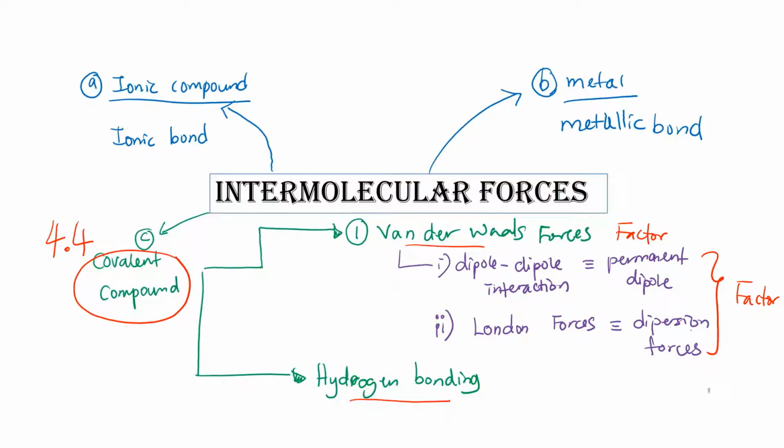If it is stronger, why? What is the impact toward the boiling point and melting point? Same goes for this one. How can hydrogen bonding be formed? What are the criteria or requirements for a compound to be able to exhibit hydrogen bonding? And metallic bond falls under 4.5.